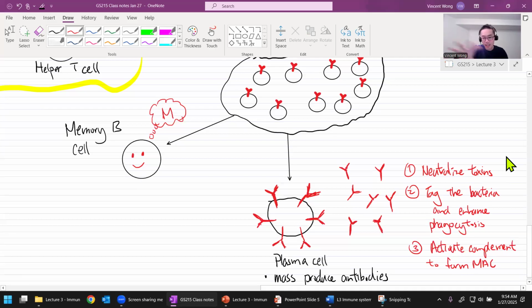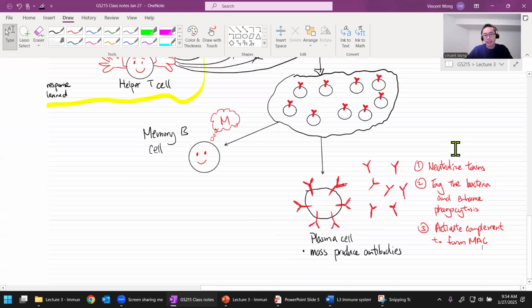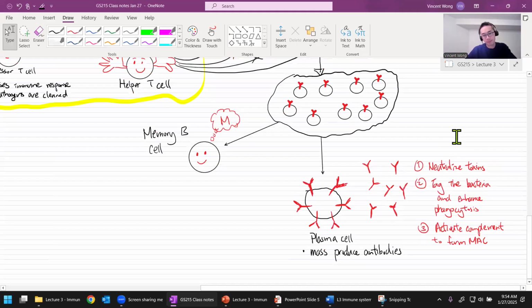So all these things, all these activities from the antibodies combined with the inflammation, maybe a little bit of fever and other immune responses, hopefully will be enough to clear the infection and you'll be feeling normal and healthy again in a few days. Okay.